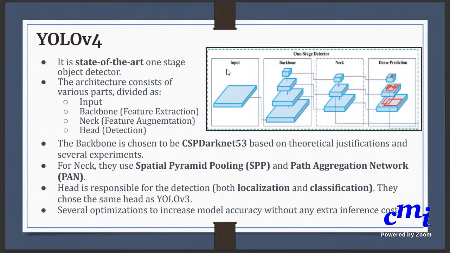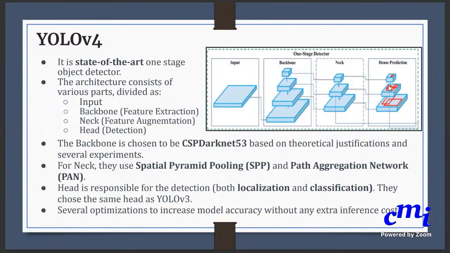At first we have the input layer, and then we have the backbone, which is responsible for feature extraction. Then we have the neck, which is responsible for feature augmentation, and then we do the detection in the head.